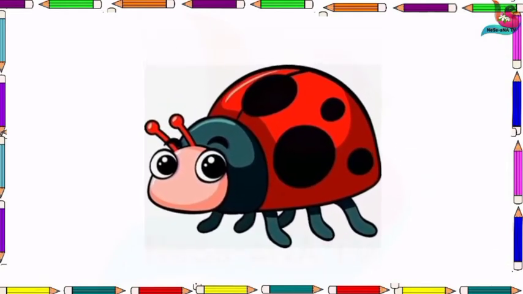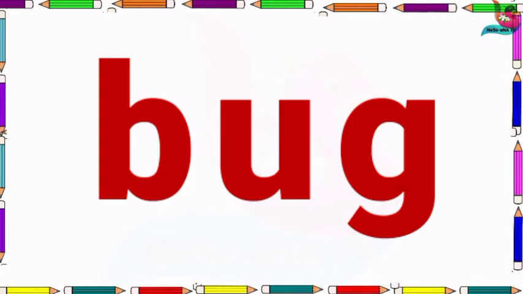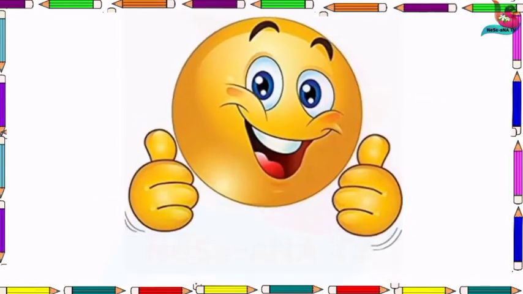Very good. The 3-letter word we formed from B, O, G is what? Bug. Very good. Thumbs up. Okay, let's go to the next one.